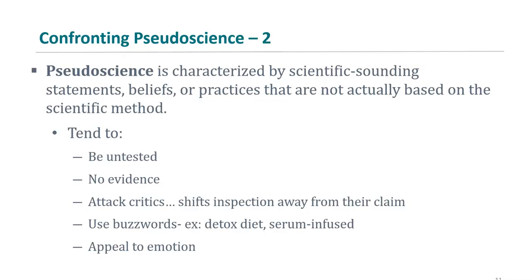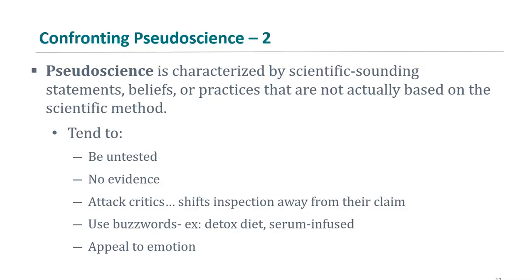So unlike science, which relies on evidence, where we've got a hypothesis that can be tested, where it's being subjected to peer review, pseudoscience a lot of times just depends on anecdotal evidence, or it's some appeal that's being made.